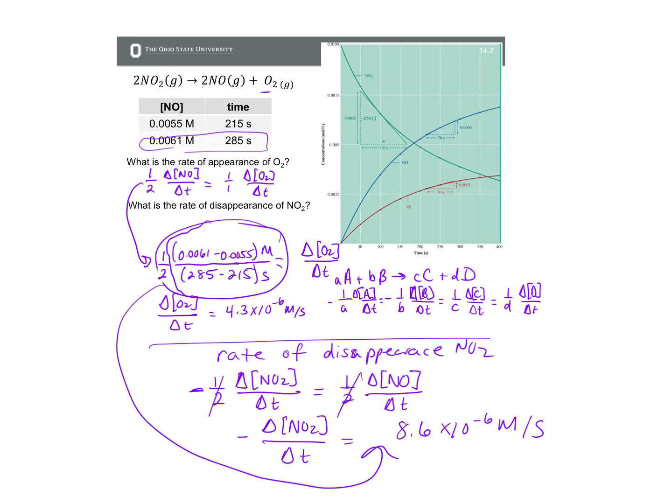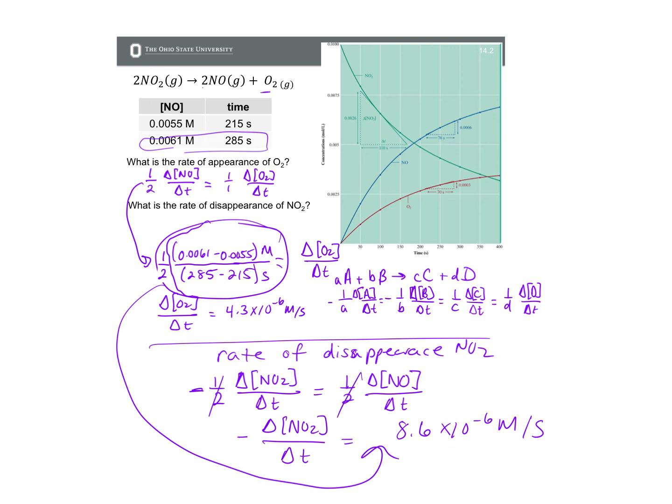Yes. Why I subtracted these? Okay, so the question is, why did I subtract the 0.0061 from the 0.0055? So I take the value at the later time, the 285 seconds, and subtract from it the value at the early time.